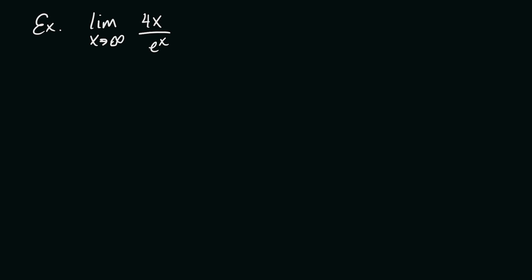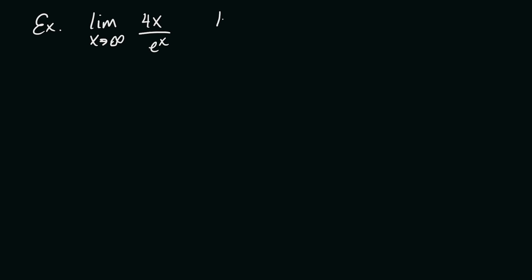Okay, hopefully you took the moment to try to figure this out. So let's try to do this together now. Remember, we always have to declare that it's in some kind of form in order for us to do L'Hopital's rule.